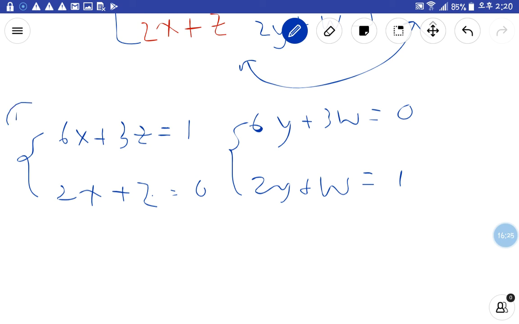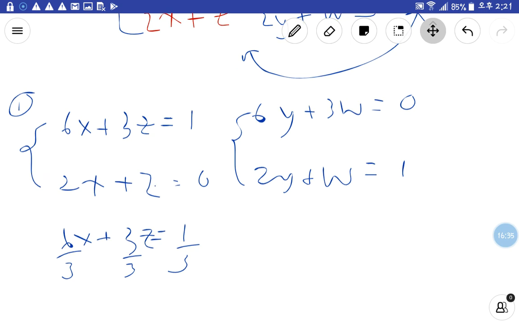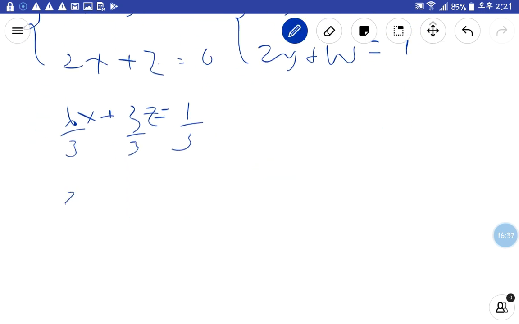If I solve my first system, 6x plus 3z equals 1, I can divide all of it by 3. Then I get 2x plus z equals 1/3. That should be the same as 2x plus z equals 0, or well, 1/3 cannot be the same as 0, so that's not going to happen.